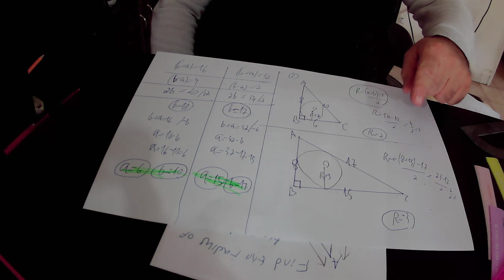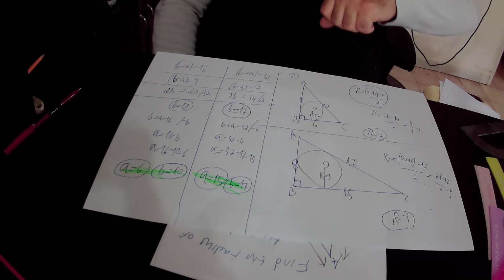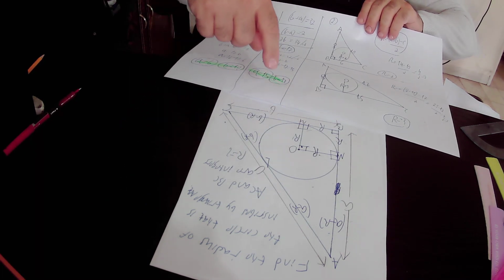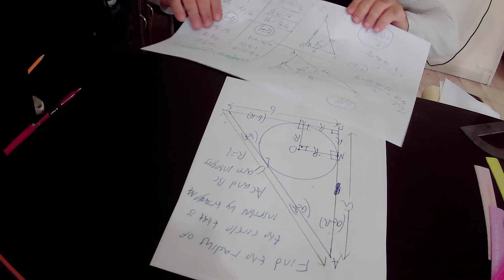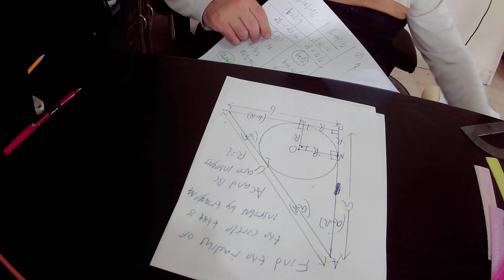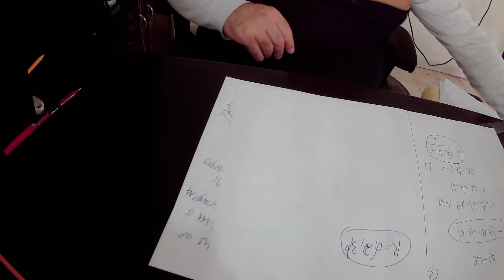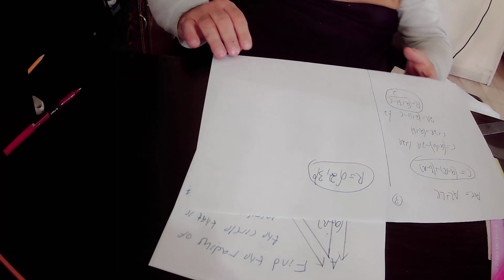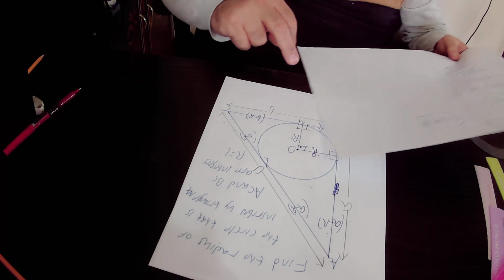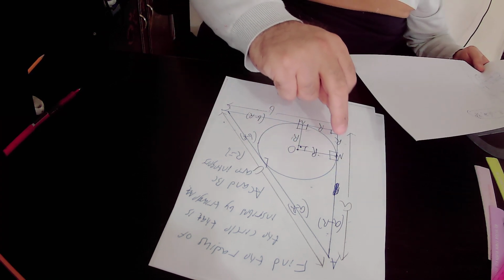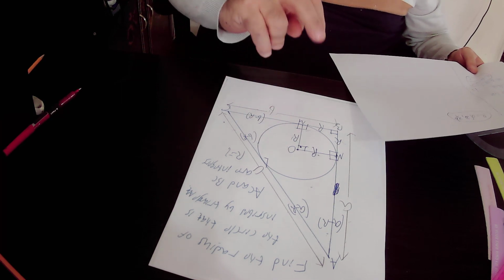So the second solution is that the radius of this circle that is described by the right triangle ABC equals 3 units. So we have here two solutions to the question. According to the first solution, the radius equals 2 units, and according to the second solution, the radius of this circle that is described by this right triangle ABC equals 3 units.